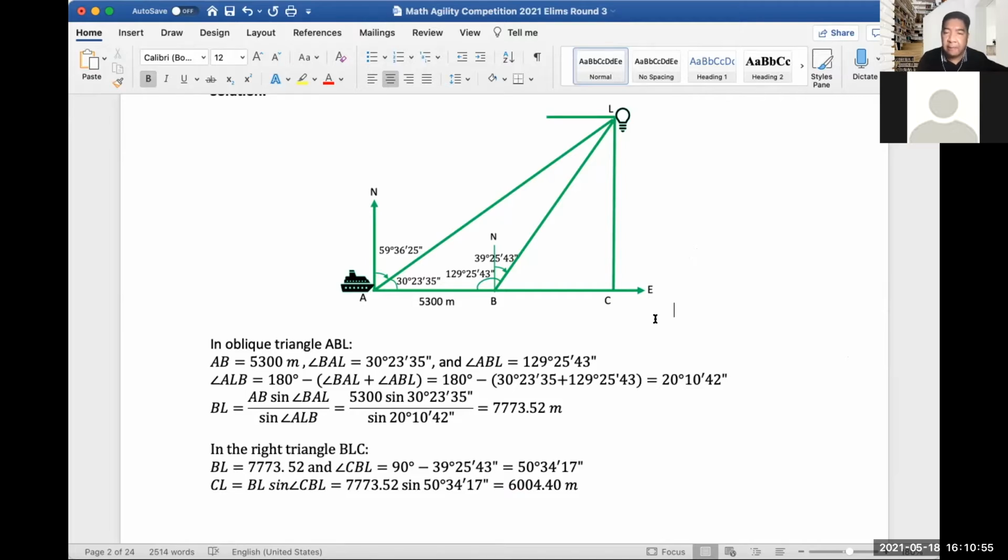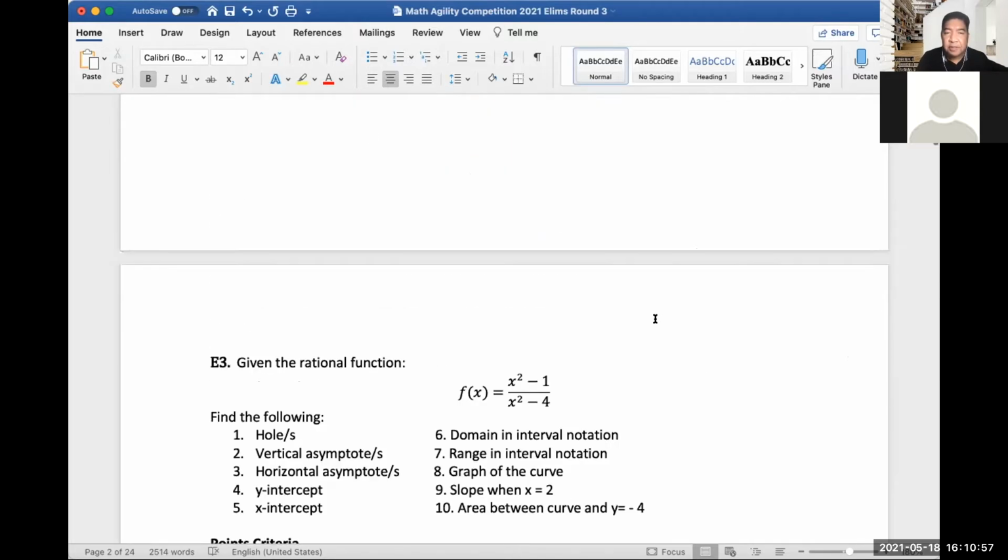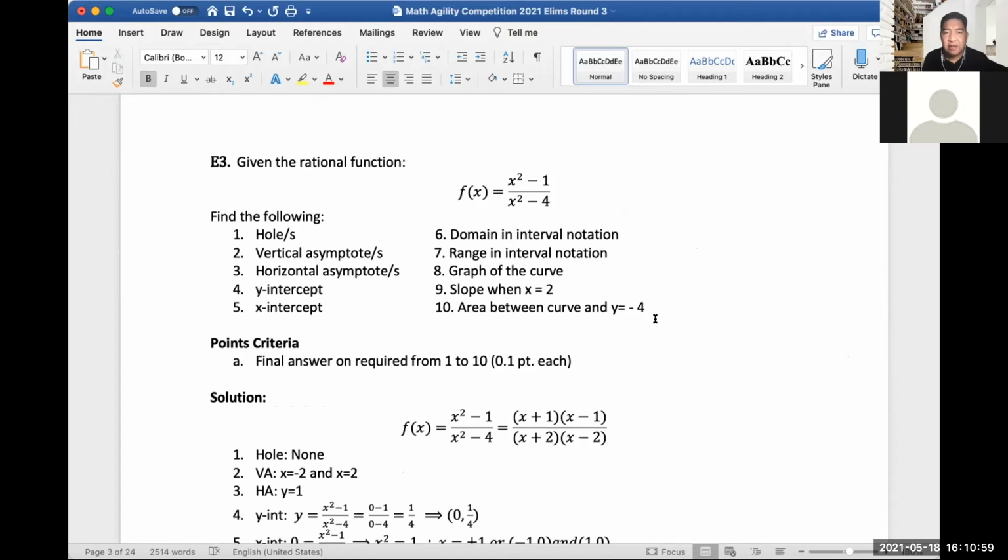Okay, so next question is, given the rational function f of x equals x squared minus 1 over x squared minus 4. Let's do number 1, the requirement is to find the hole.